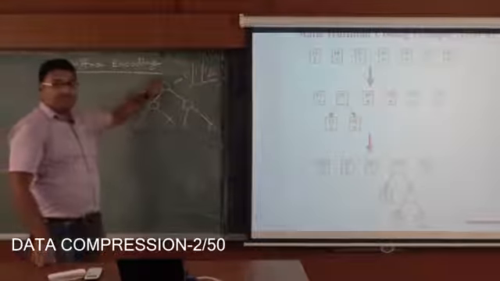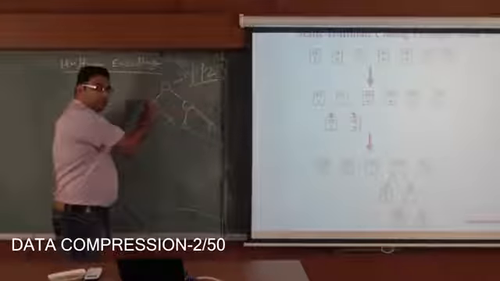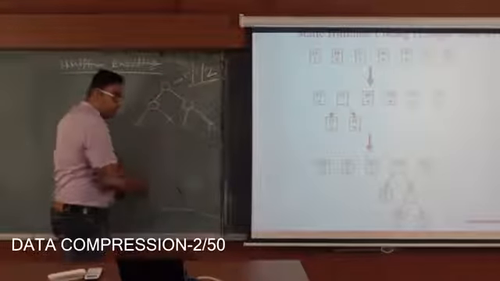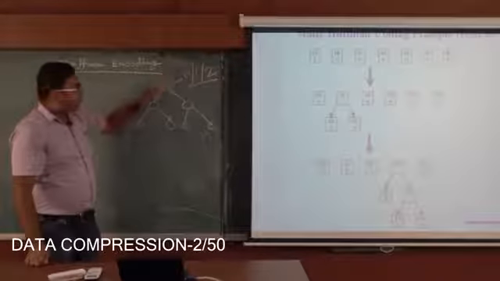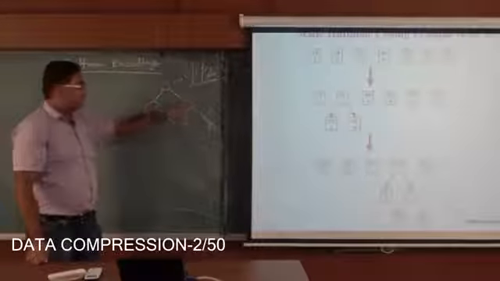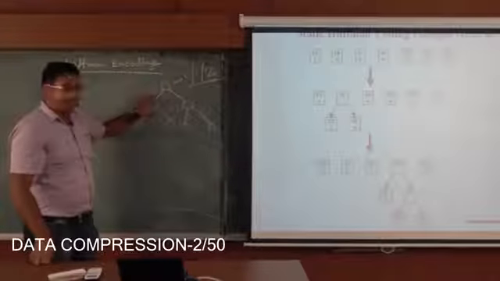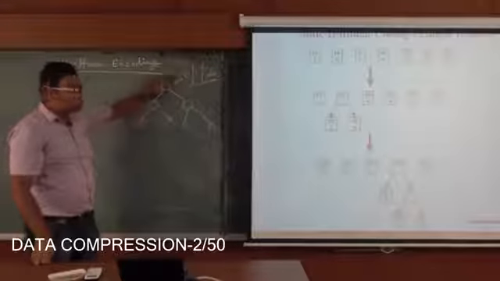A binary tree is represented like an inverted tree structure, where the root is at the top and different children and branches are at the bottom, right? The first node is the root node, which has various children. This is the left child and this is the right child. In the same way, if this is the parent node, then these two are the children of this parent node, and this is the grandparent of this node.